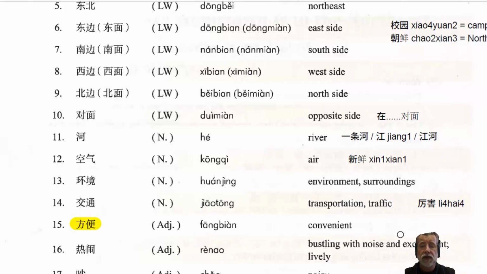The other way it's used, and it's definitely not used this way in the textbook, but this is definitely part of real life use. If you want to say in a polite way that I want to go to the toilet, you can say 我想去方便一下. 我想去方便一下.